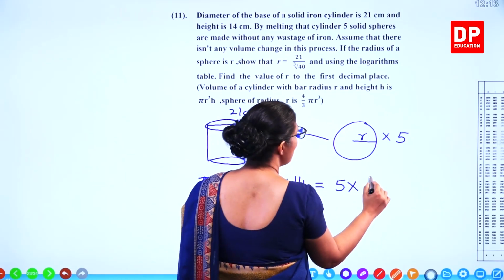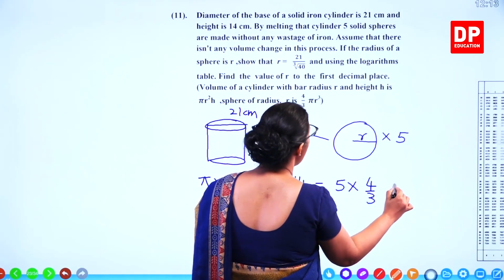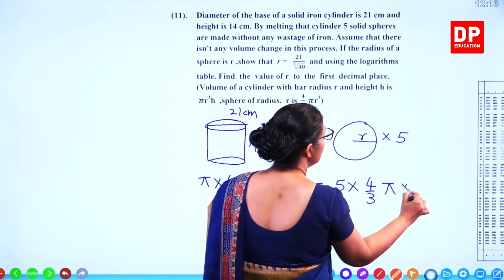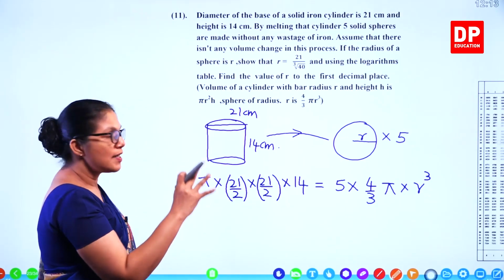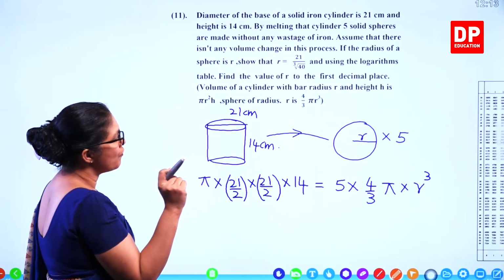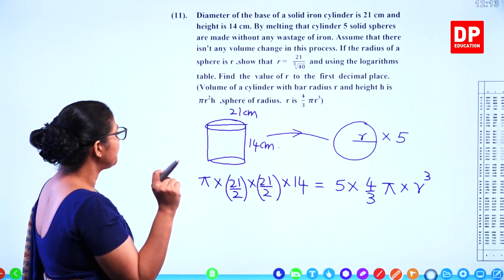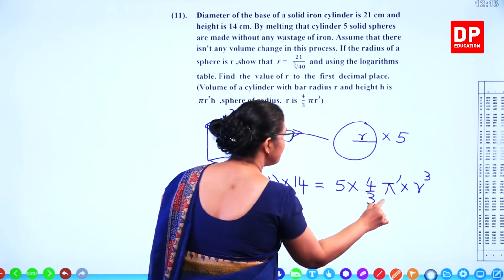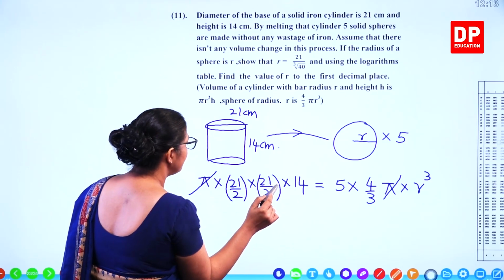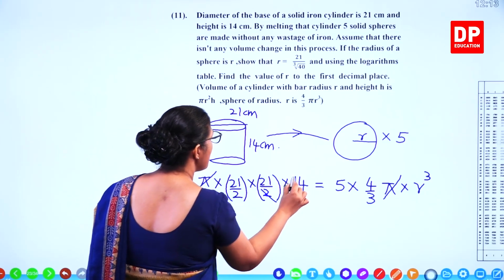The volume of one sphere, 4/3 pi r cube. Volume of this is equal to 5 times the volume of the sphere. Now simplify, pi gets cancelled out. 2 times 7.